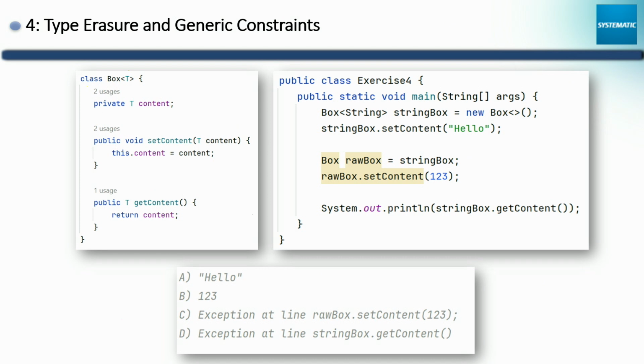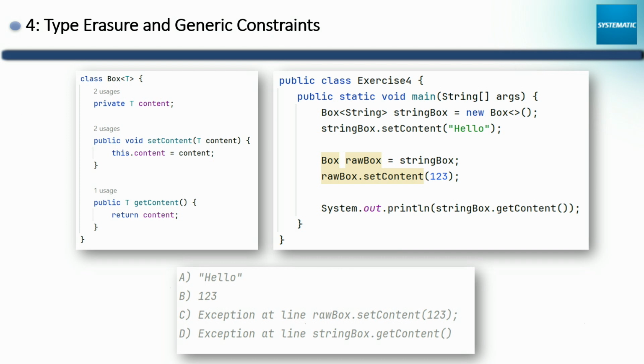So what do you think the displayed output will be when we run the code? Among the options, we have A, hello, the string that we use to initialize the string box object.